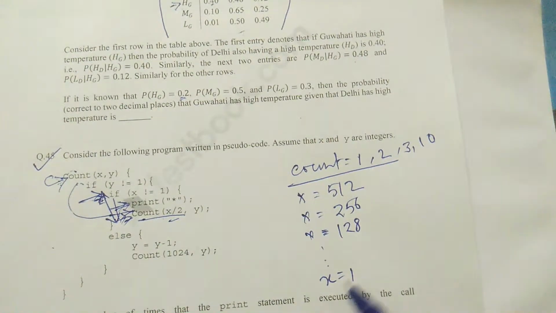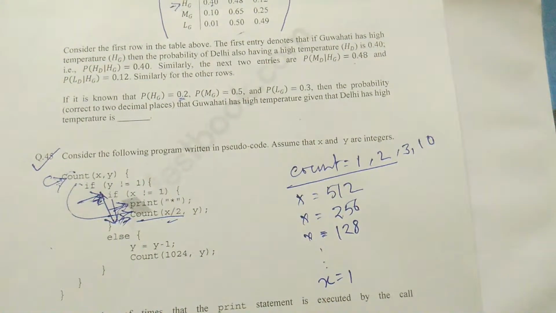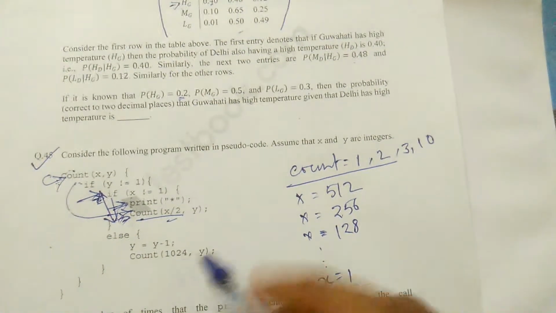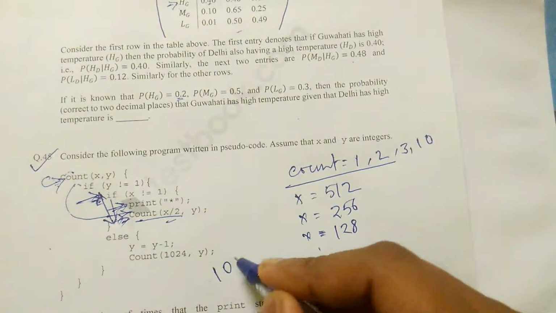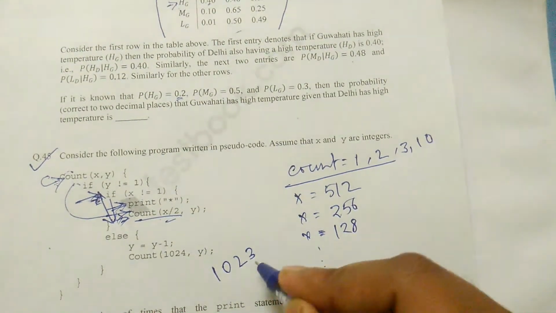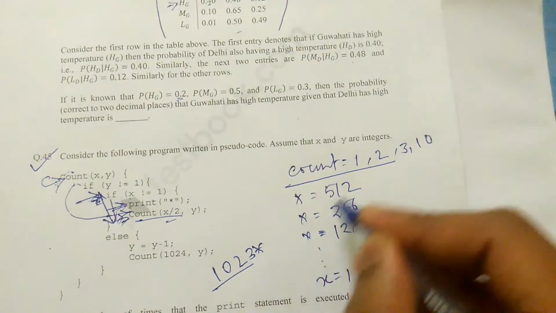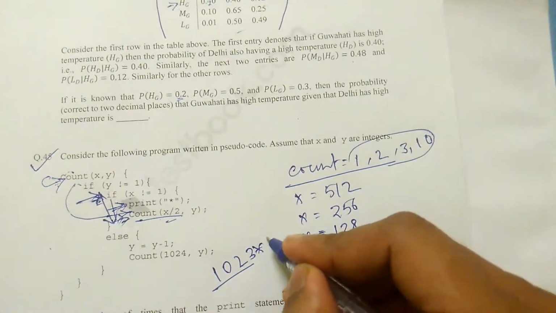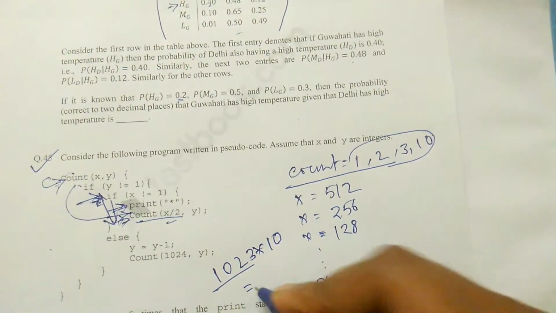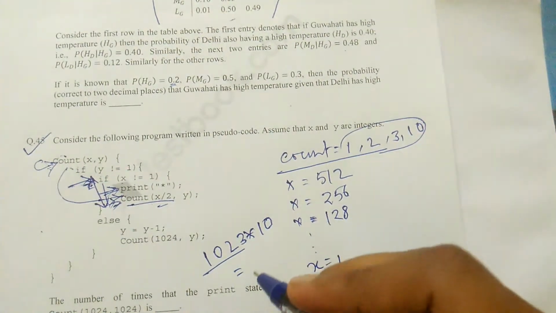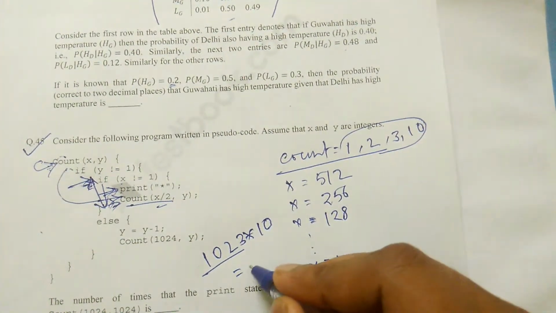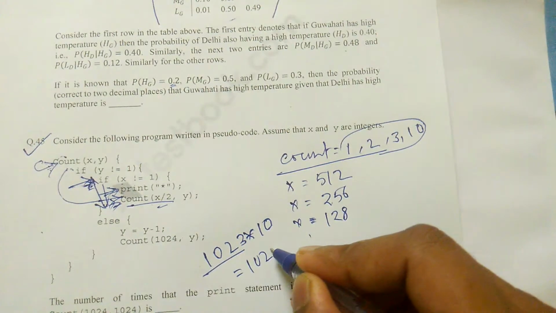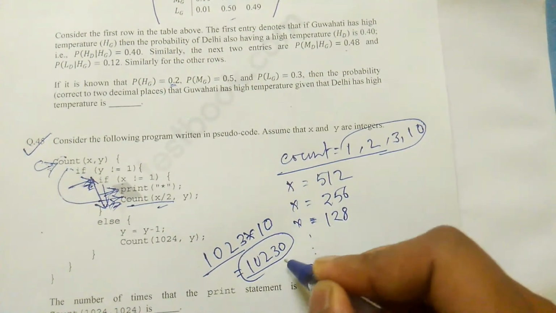Okay, so for one execution the number of times y is 1023. So for 10 times it will be calculated, so into 10, so the total number of print statements will be 10230. So this is the answer for this question.